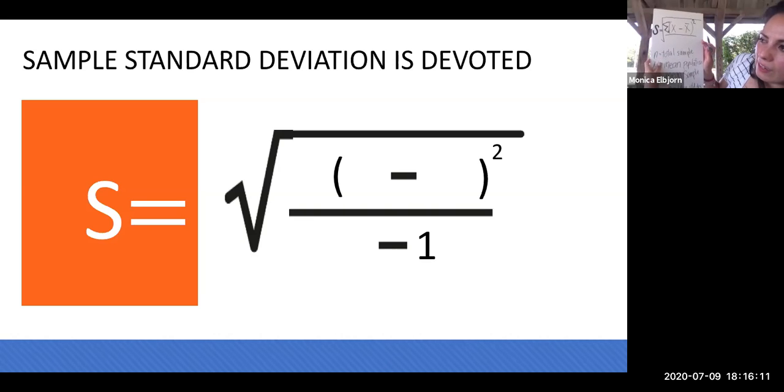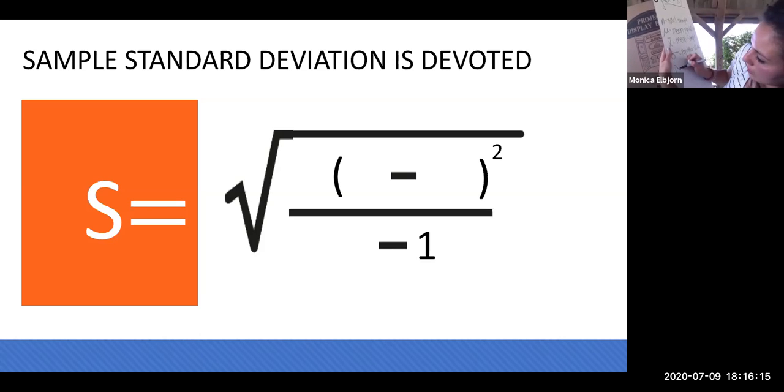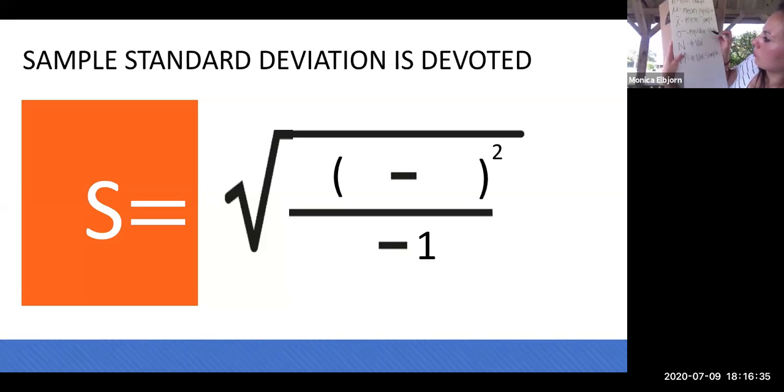Was it the big N or the little n? One's for population and one's for sample. Very good. So this one, samples. And the number of total of population.